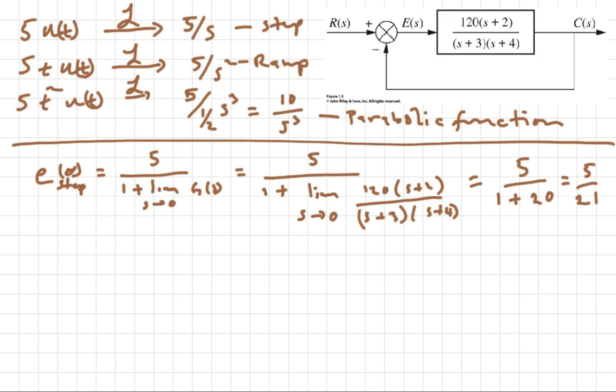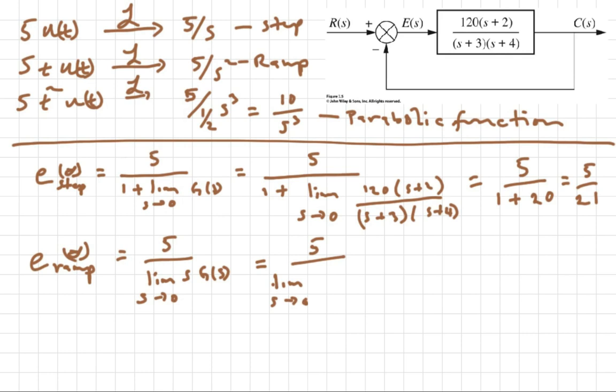Now we go for the second one, the ramp input. For the ramp error, this will be equals to 5 over limit as s tends to 0 of s G of s, so 5 over limit as s tends to 0 of s times 120 (s plus 2) over (s plus 3)(s plus 4).